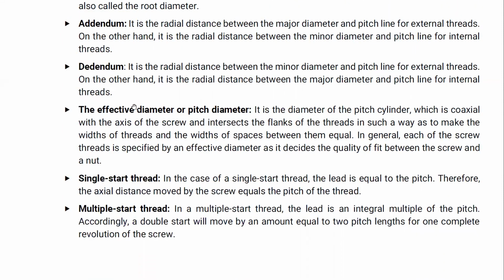Now the effective diameter or pitch diameter. This is the diameter of the pitch cylinder which is coaxial with the axis of the screw and intersects the flanks of the thread in such a way that the width of the thread and the width of the space between them are equal.